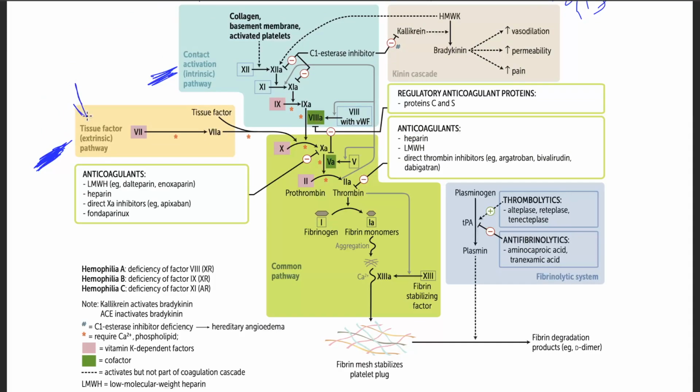It gets stimulated by tissue factors. It is small, that's why I started here. So tissue factor stimulates and basically activates factor 7 into its active form, which is 7A. That 7A is going to go to the combined pathway and stimulate the factor 10 to 10A, activates the factor 10.